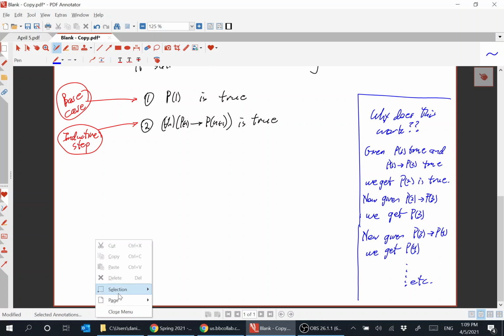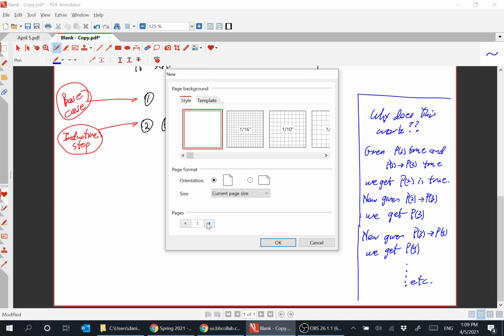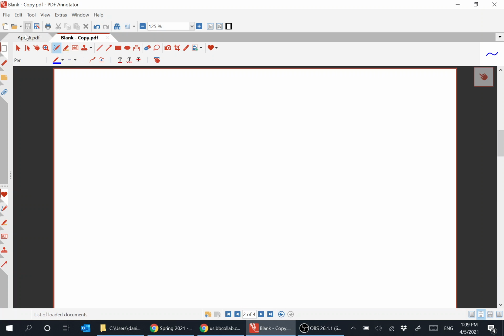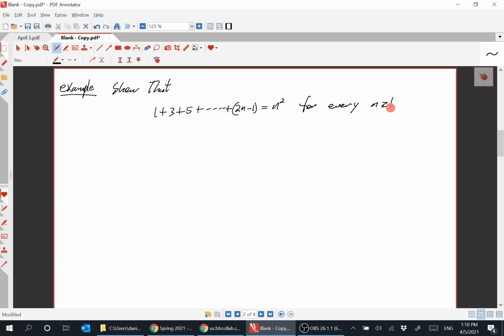So, for example, show that 1 plus 3 plus 5 plus ... plus 2n minus 1 is equal to n squared for every n bigger than or equal to 1.